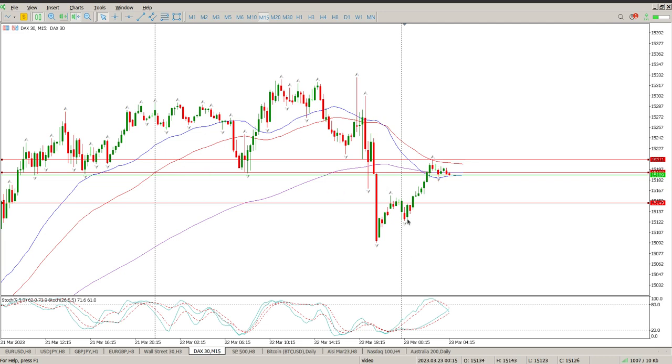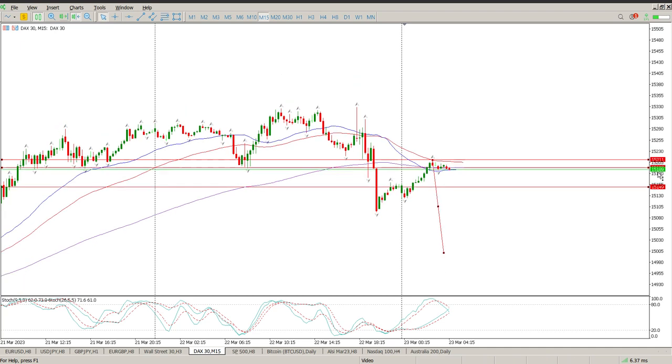So let's ignore what we're seeing now at the moment. So we're up in this zone. If we get a rejection of this zone, I would expect another move down, and that move down is going to be equal to this here. Okay, so that takes me down there.